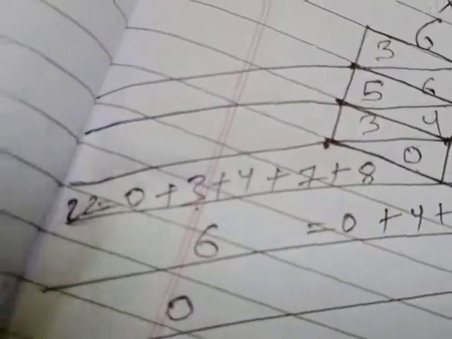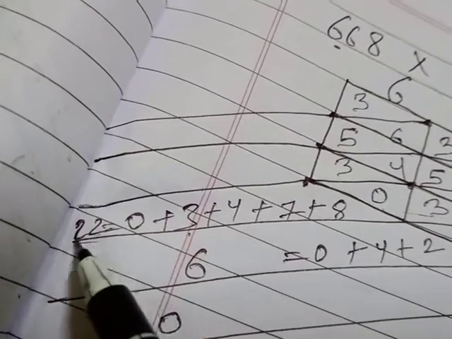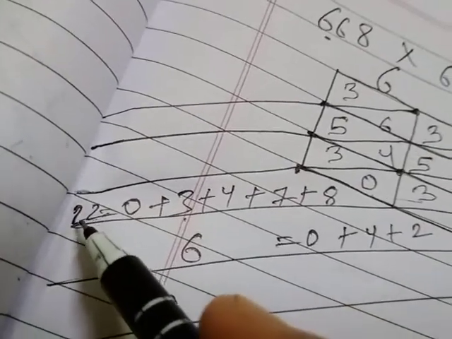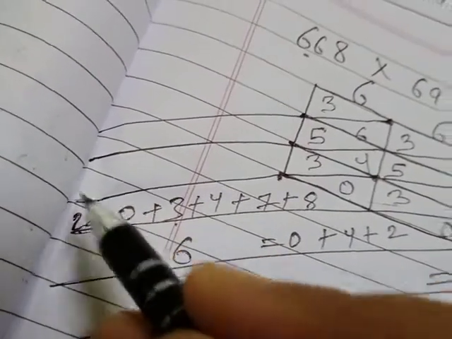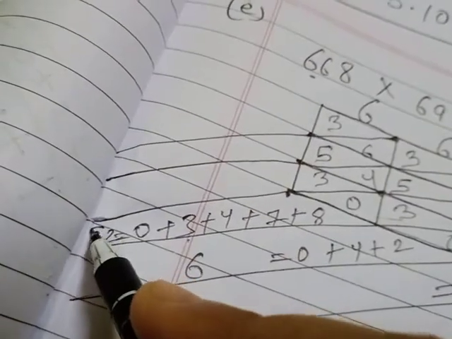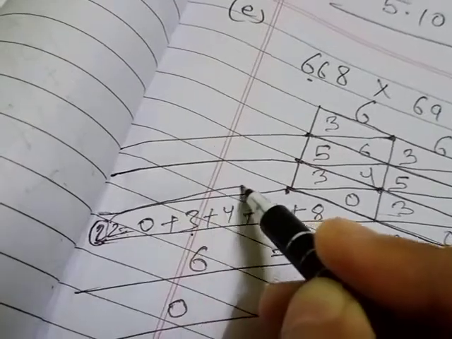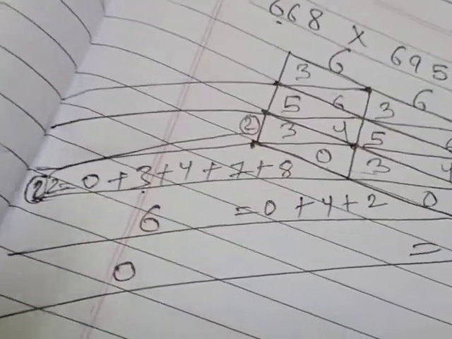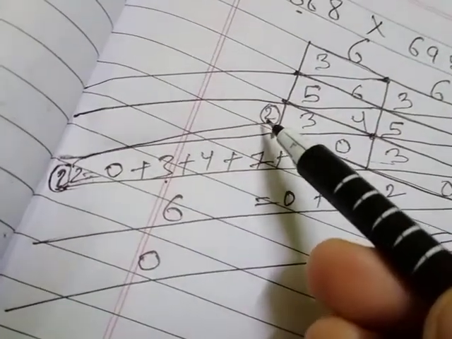Now you can see here we have a 2-digit number while adding this. So 22 is 2-digit, and the tens place 2 will be carried forward in the next grid. Understood? Keep in mind always the tens place number is carried forward.